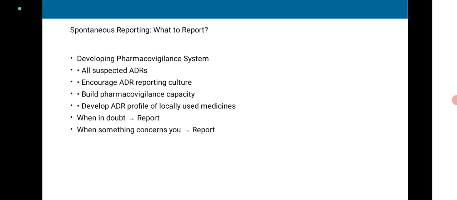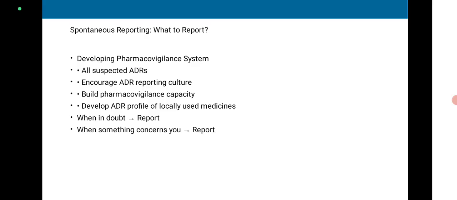What are the things that need to be reported in spontaneous reporting? If the system is a developing pharmacovigilance system, we need to report all suspected ADRs, encourage an ADR reporting culture, build pharmacovigilance capacity, and develop an ADR profile of locally used medicines.